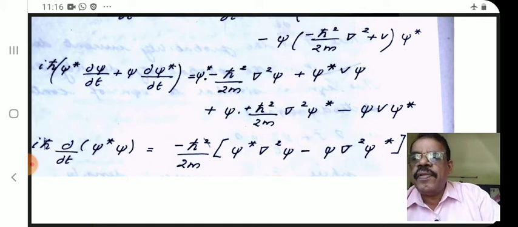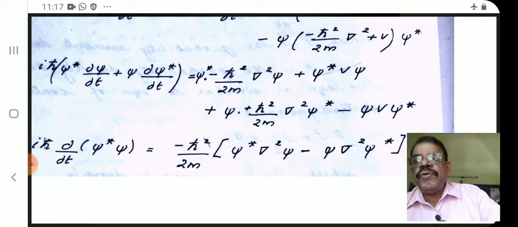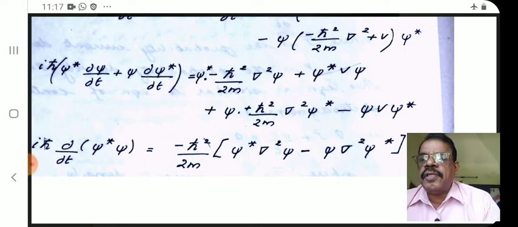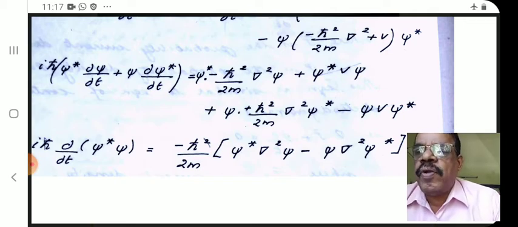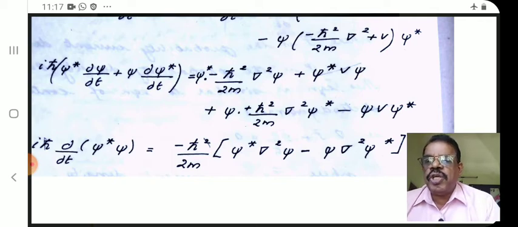In the LHS, we have taken iħ outside, and inside the bracket we have psi star ∂psi/∂t plus psi ∂psi star/∂t. For this we apply the product formula. You see the step in the bottom. iħ is written as such. The two terms in the bracket we can combine using the product formula in differentiation. That is ∂/∂t of psi star psi. You know, ∂/∂x of uv is equal to first function into derivative of second plus second function into derivative of first.